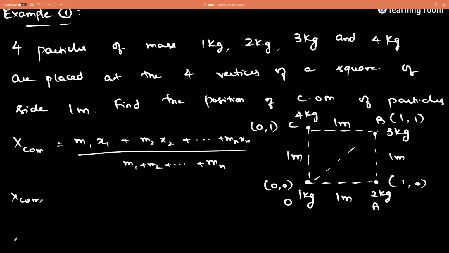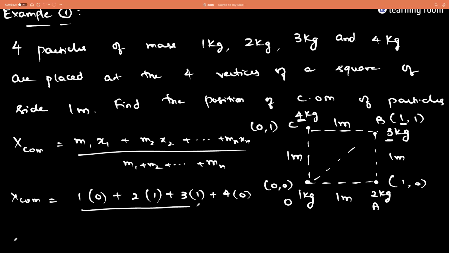Then the x coordinate of center of mass will be equal to m1 is 1 into x1 is 0 plus m2 is 2 into x2 is 1 plus m3 is 3 into x3 is 1 plus m4 is 4 into x4 is 0, the whole divided by the sum of all the masses, that is 1 plus 2 plus 3 plus 4.